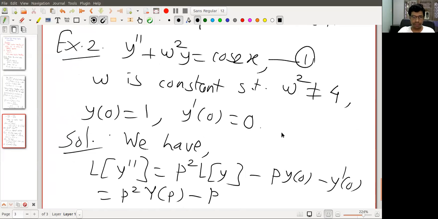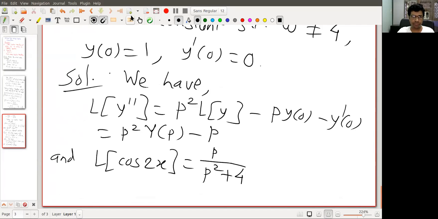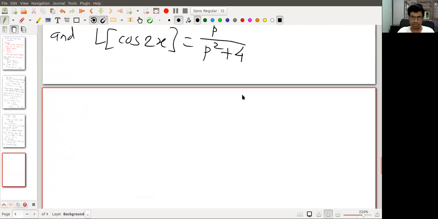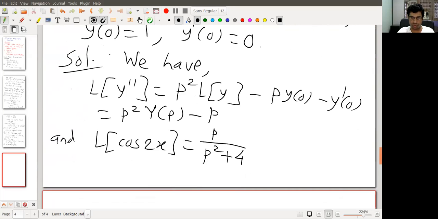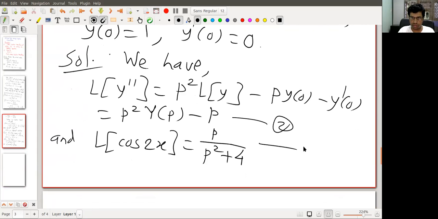Okay. Now we take the Laplace transform of differential equation 1 and use these two things. Let us call this 2 and this 3.